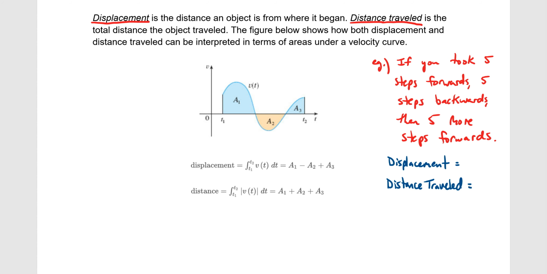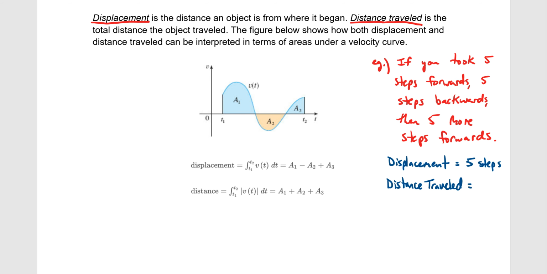So the displacement is going to be how far are you from where you began. Well, if you take 5 steps forward and then 5 steps backwards, you're right back where you began. But then if you take 5 more steps forwards, your displacement is 5 steps, right? 5 forward, 5 backwards cancel out. 5 more forwards equals 5 steps for displacement.